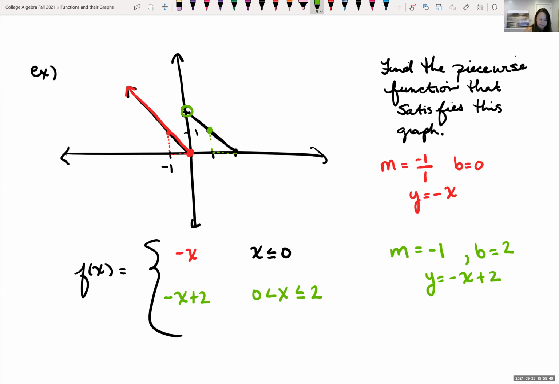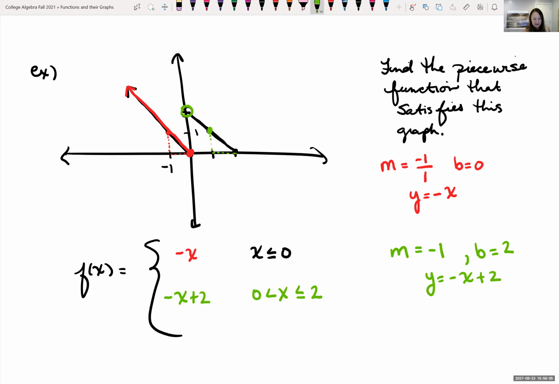So this would be a case where this piecewise function is not defined for all real numbers. The domain is not all real numbers. The domain would be negative infinity all the way to x equals 2. If I was looking at the range of that, notice that I'm not hitting any values of y below the x-axis.